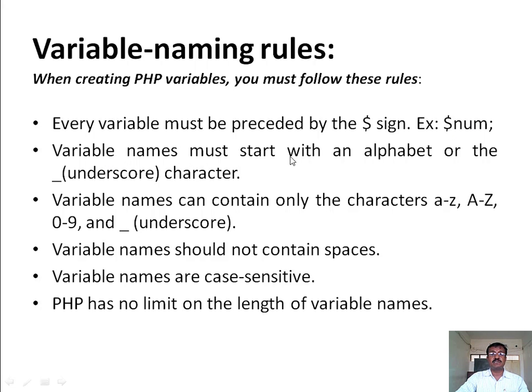Variable names must start with an alphabet or the underscore character. In PHP, all variable names must start with an alphabet or an underscore. Then only the variable is valid. Variable names can contain only the characters small case a to z or uppercase A to Z, digits from 0 to 9 and the underscore.